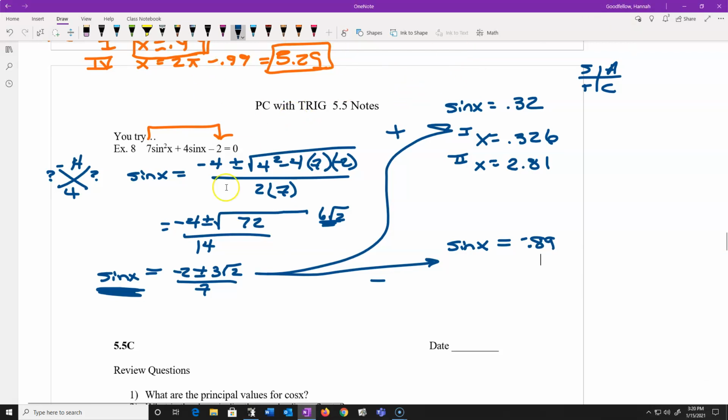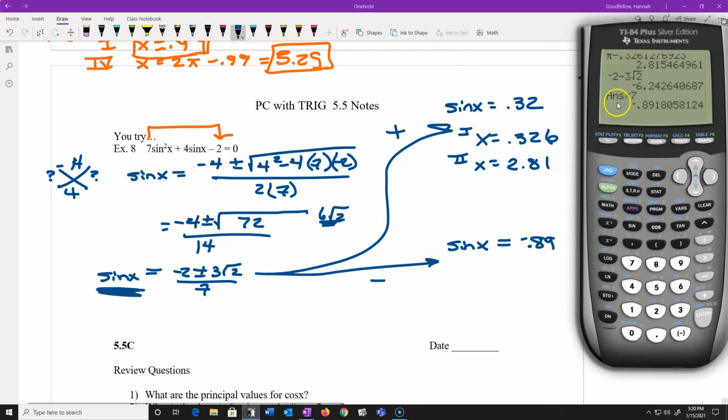Now remember that the answer I'm looking at is not the actual radian. This is just the answer from the negative version of the quadratic formula. So you need to take the inverse sine of that answer, and it's going to generate a radian that is definitely in quadrant number 4.